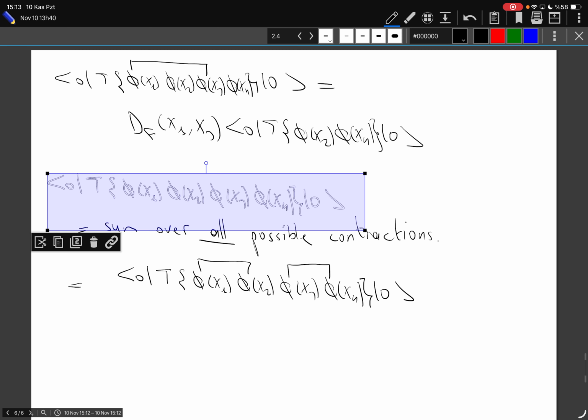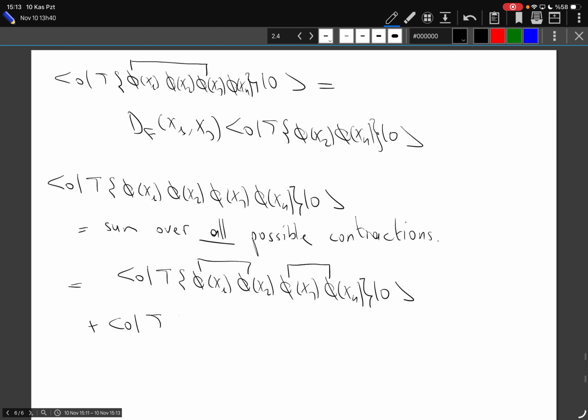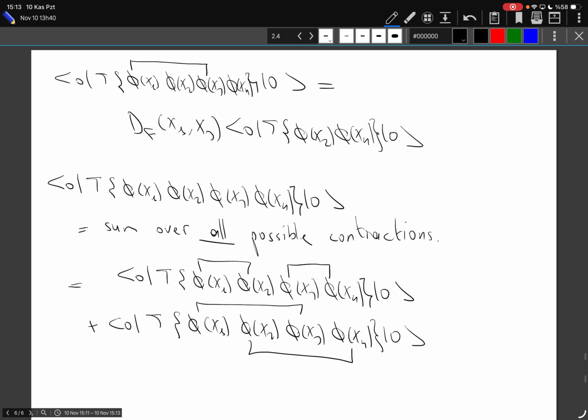These are the terms that will come from the commutations of phi of x1 and phi of x3, and at the same time phi of x3 and phi of x4. But then I also have commutations between phi of x1 and phi of x3 and phi of x2 and phi of x4. And also commutations between phi of x1 and phi of x4 and phi of x2 and phi of x3.